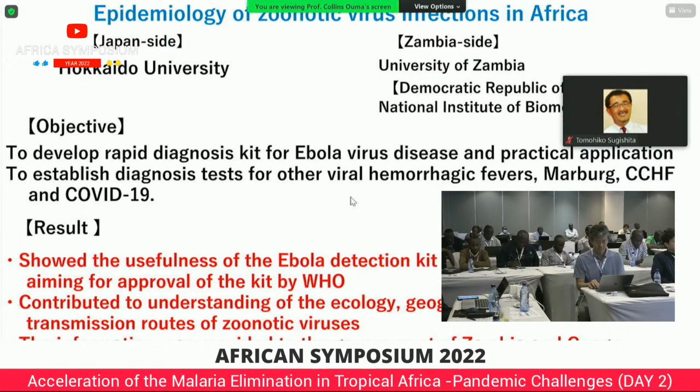It is noteworthy that a simple Ebola detection kit was developed, and its effectiveness was demonstrated by patient samples. Based on the result, the diagnostic agent was approved by the Japan PMDA, and preparations for WHO approval are underway. It is expected that it will actually be used in African countries where an Ebola outbreak has just ended. Next slide, please.